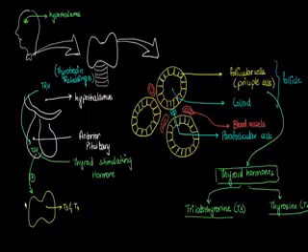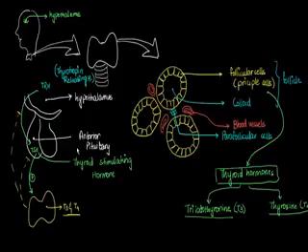Now these thyroid hormones T3 and T4 have a negative or a controlling effect on both the anterior pituitary as well as the hypothalamus. That means if there is excess of T3 and T4, it will reduce the formation of thyroid stimulating hormone from the anterior pituitary and thyrotropin releasing hormone from the hypothalamus.